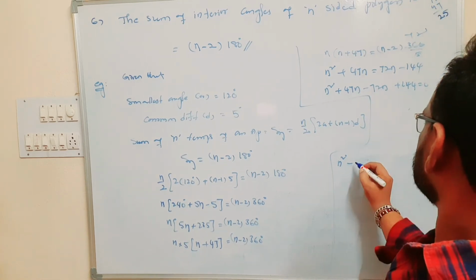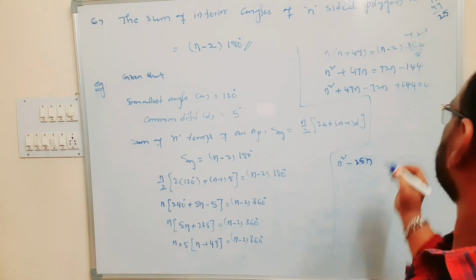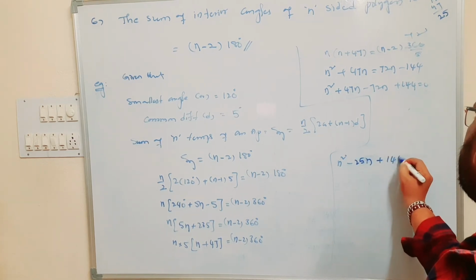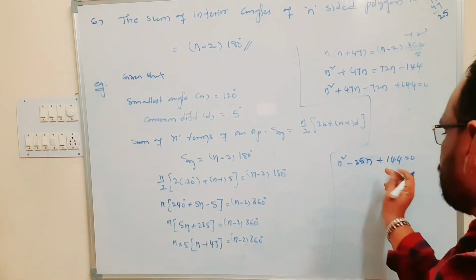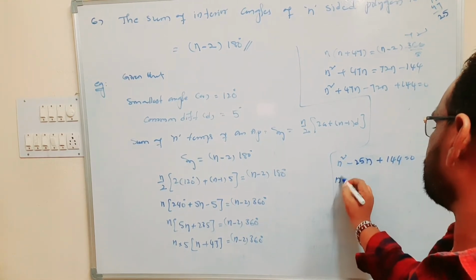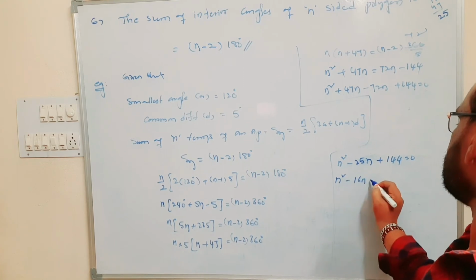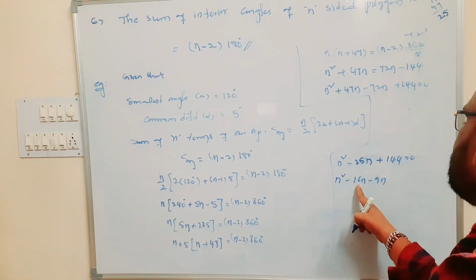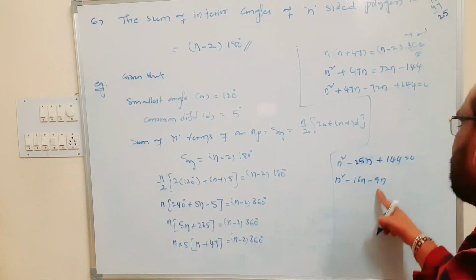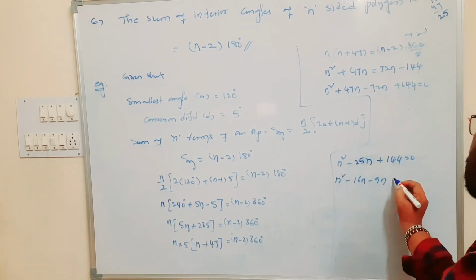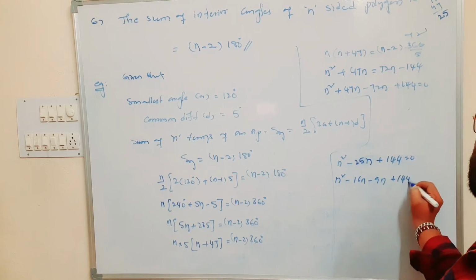So n square minus 25n plus 144 is equal to 0. This is a quadratic equation. Split the middle term by using factorization: n square minus 16n minus 9n. 16 plus 9 is 25, and 16 times 9 is 144. So n square minus 16n minus 9n plus 144 is equal to 0.